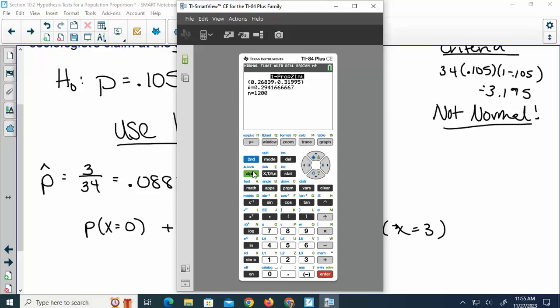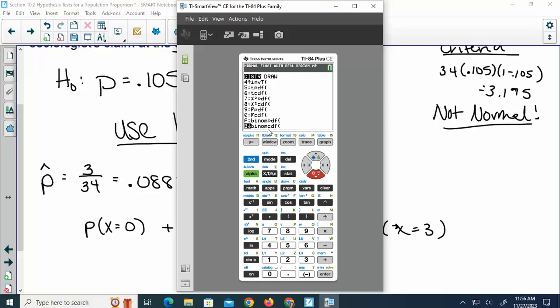Do you want me to show you a shortcut on your calculator? If you go into second and then vars, okay, this takes us into all these distributions. Okay, there's 2 binomial ones, PDF and CDF.